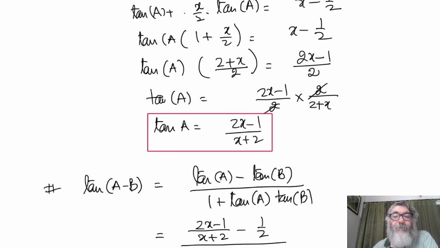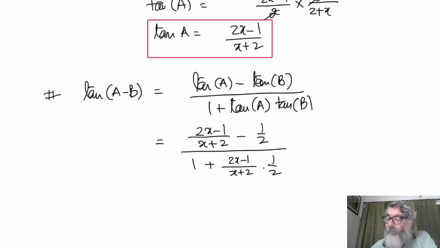So let us first of all calculate the value of tan(a minus b) in terms of x. Let us simplify. In the numerator and denominator, the LCM will be the same, 2 into (x plus 2), so that will finally cancel. And what will I get? I'll get 2 into (2x minus 1) minus (x plus 2) in the numerator.